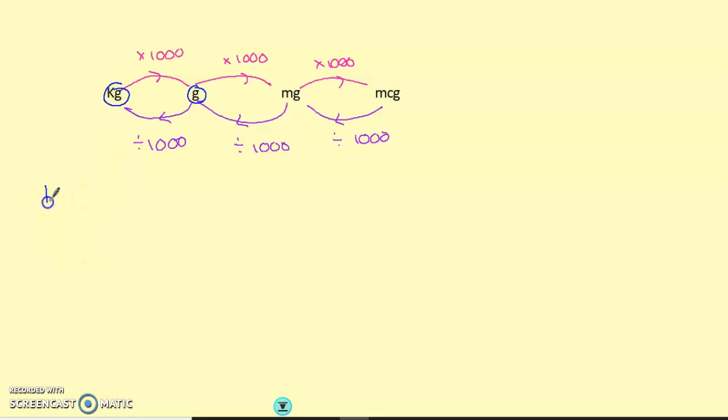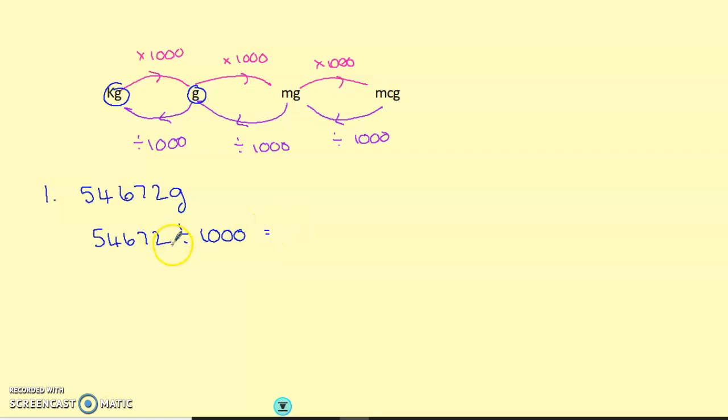So let's say somebody weighs 54,672 grams. I want to know what their weight would be in kilograms, and again we're going to round our answer to 1 decimal place. There are 1,000 grams in a kilogram. So this time I'm going to divide by 1,000.